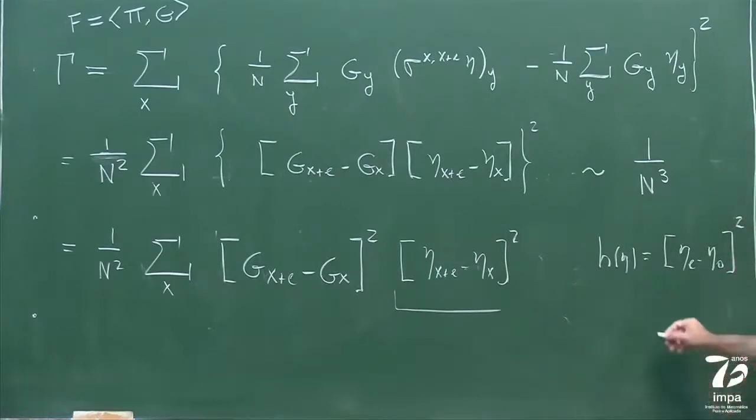Let me represent by tau x of eta a configuration translated by x: the configuration at y is the configuration at x plus y. So tau x is just the group of translations.